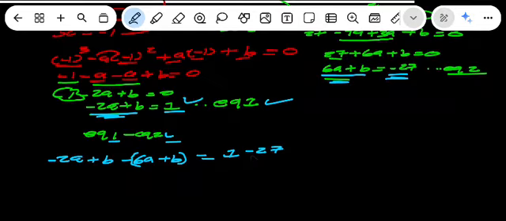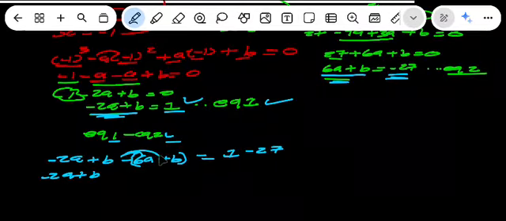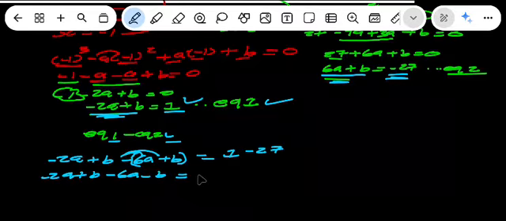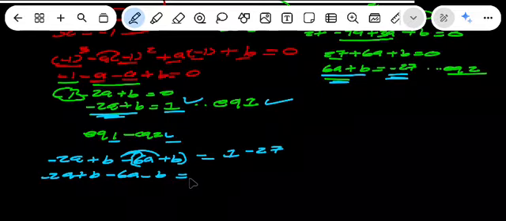All right, this is what we have: minus 2a plus b, then you distribute, this will be negative 6a minus b, this must be equal to, then you subtract 1, as you know that will be 28, isn't it?